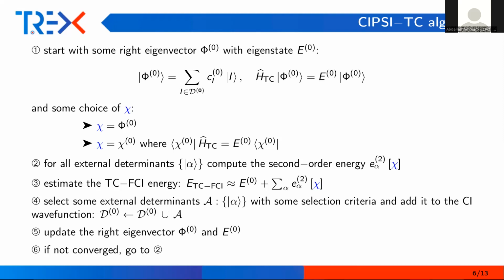We found that this is more efficient than the coefficient, for example. And after that, we modify the right eigenvector and the energy E0, and we iterate over these steps until convergence.